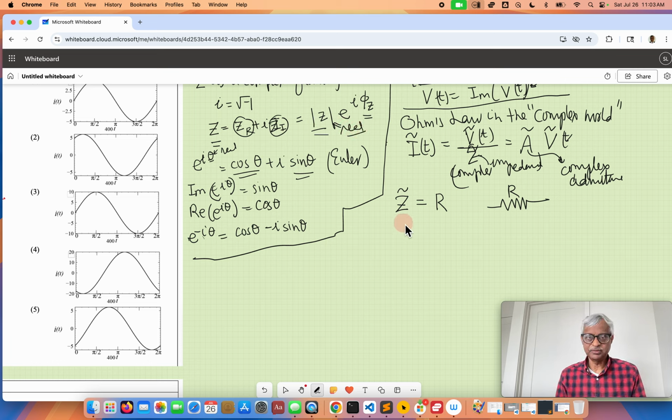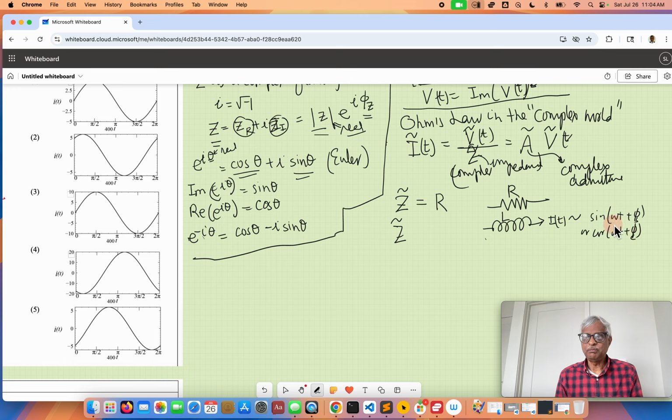Okay, so Z tilde is like this, and Z tilde of just this. And if the source goes as sine or cosine omega t, or cosine omega t plus some other phi s, phi c, okay?